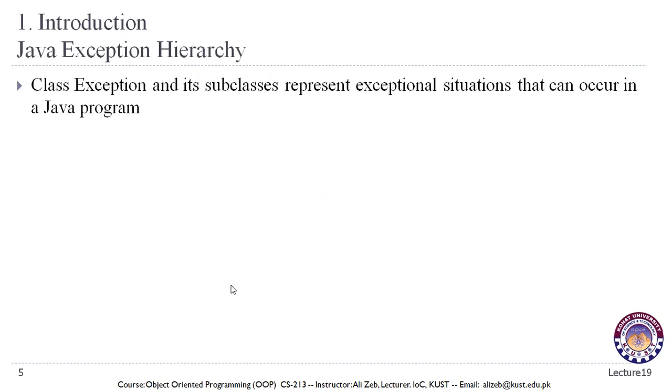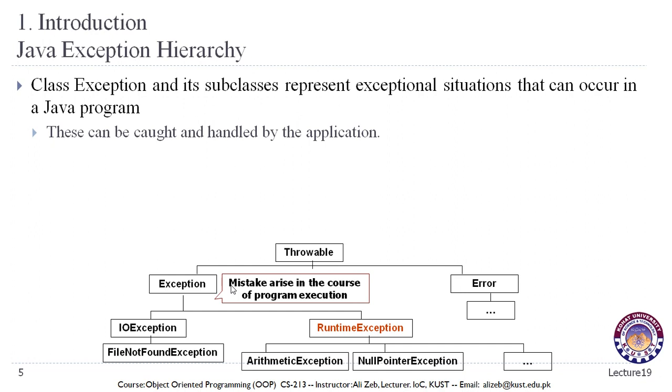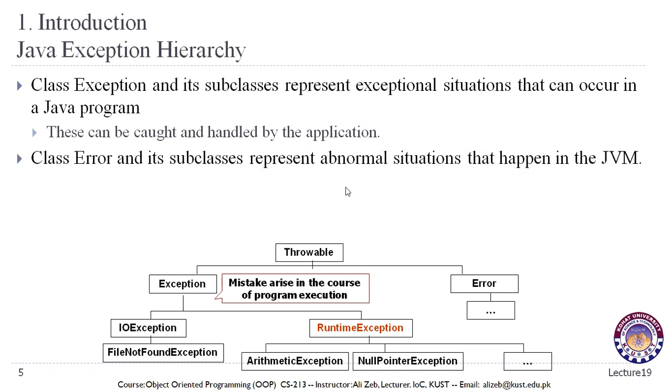To look at the hierarchy, we have an exception class and its subclasses represent exceptional situations that can occur in a Java program. We looked at some examples of exceptional situations, for example, the IO exception, the file not found error, arithmetic exception, null pointer exception. And these are the errors that can be caught and handled by the application.